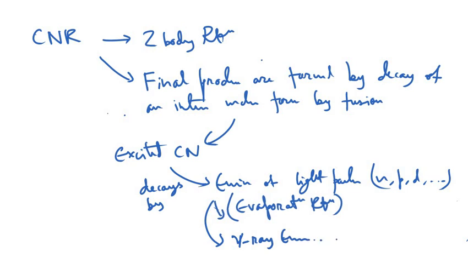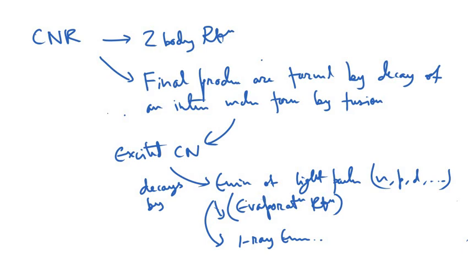Now these gamma rays only decay between the low lying states of the compound nucleus, so you can get a signature of the structure. In this process sometimes statistical gamma rays can also be emitted, which compete with the particle emissions.